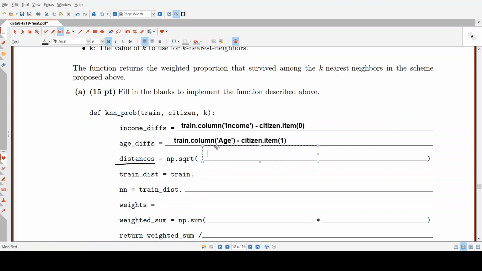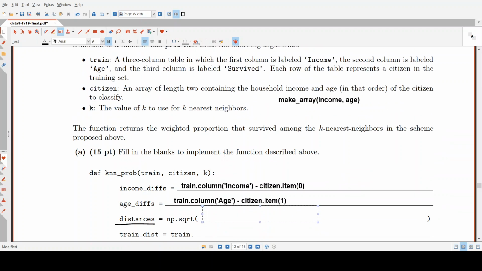Now, distances is the Euclidean distances between income diffs and age diffs. So it says np.sqrt, and let's refer back to our formula.